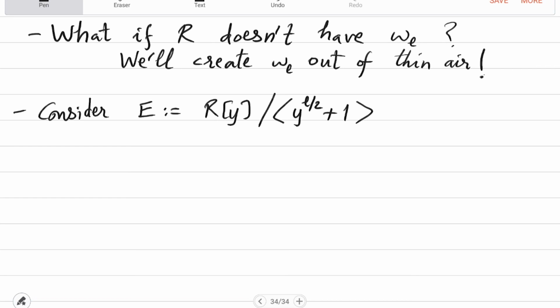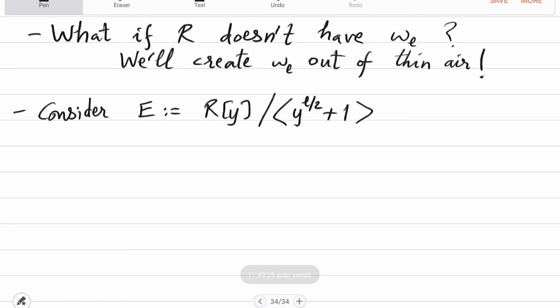So that will provide you with this virtualized version of omega, and you can talk about now y to the 0, y square, up to y to the L minus 1. You can think of that set as the set of points, and you try to do everything like you did before.